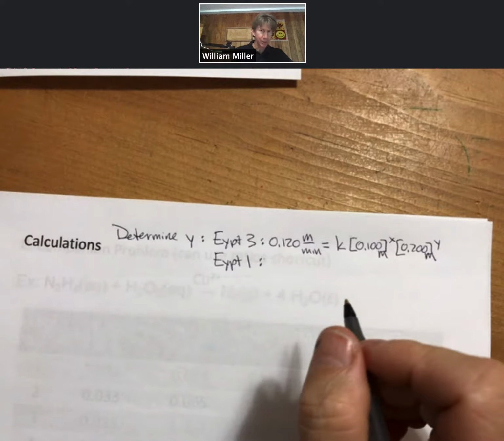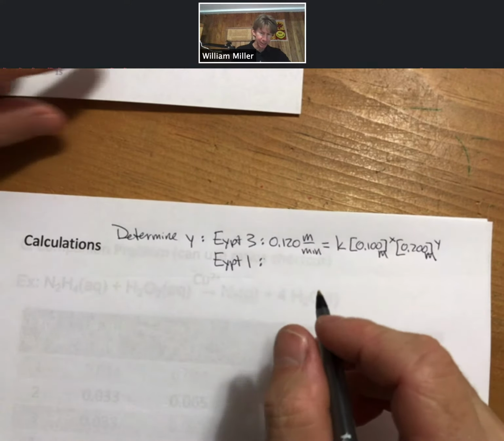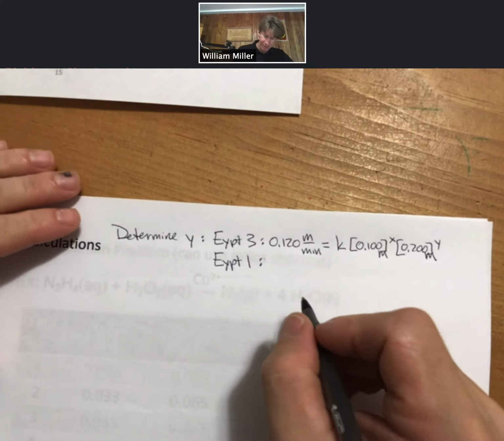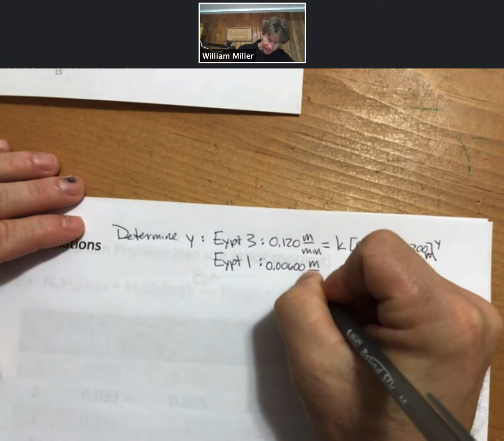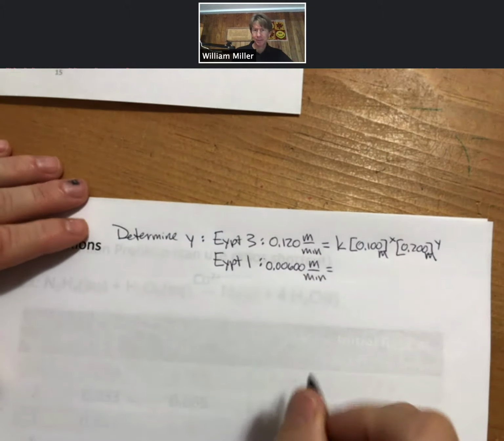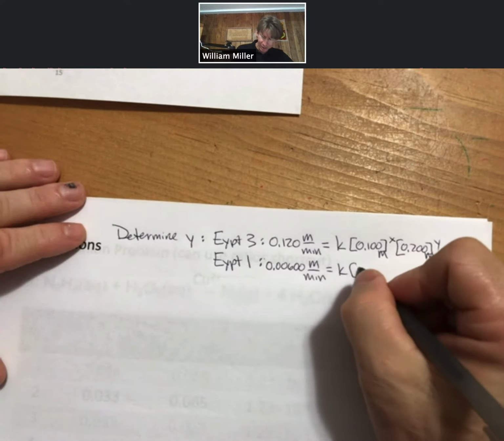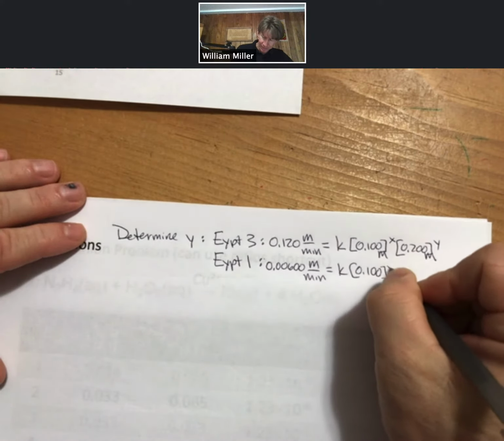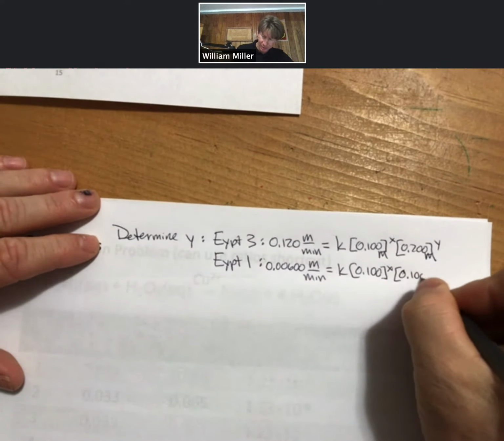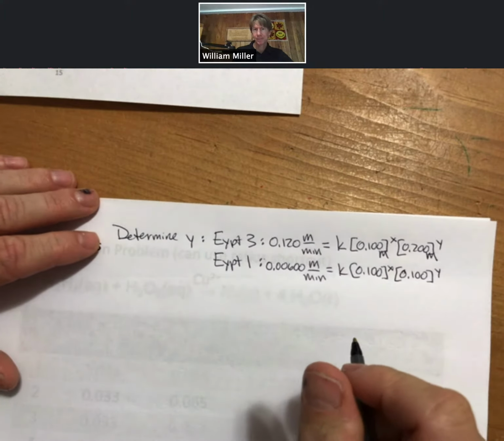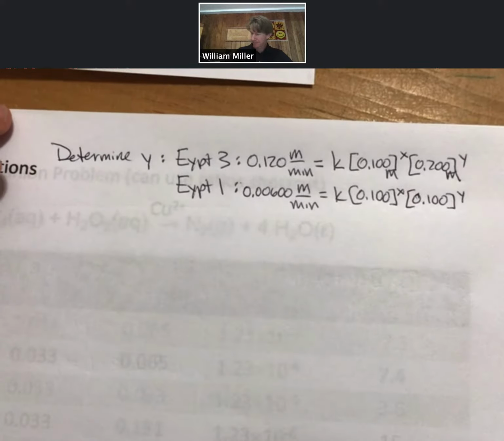For experiment 1, I have rate equals 0.00600 molarity per minute equals K. My concentration of my NO is still 0.100. My concentration of my hydrogen is 0.100 to the Y. So now let's work with this.